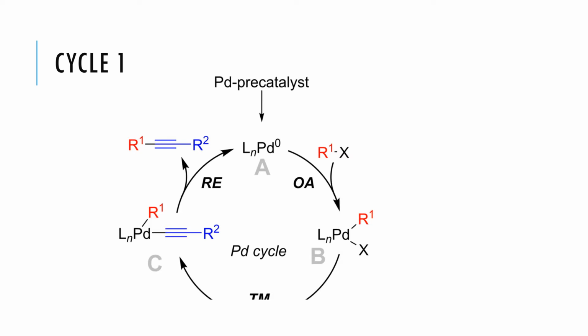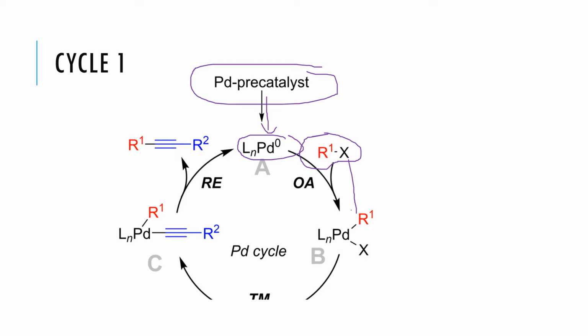You add a ligand or take a ligand away usually to get the palladium 0 oxidation state. Once it's in that state, it's activated for oxidative addition. In this step, the alkyl halide is added to the palladium complex. You can see the two parts. There's your R group and there's your halide.